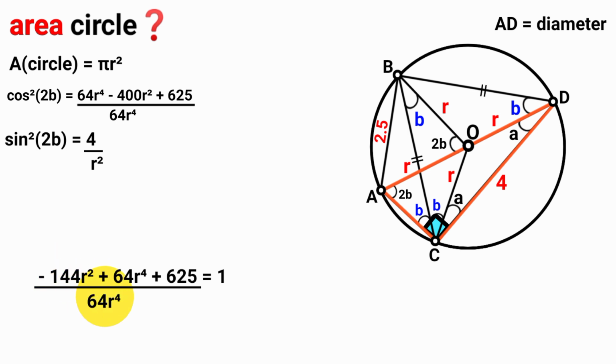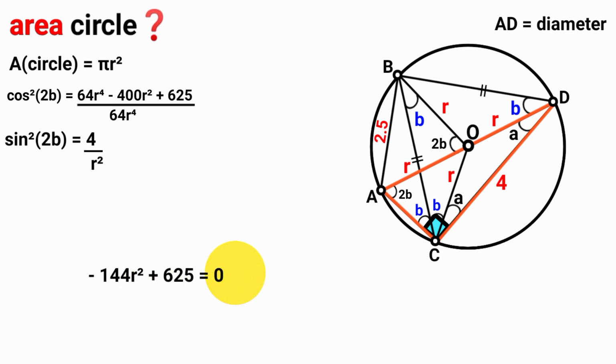This 64r raised to the power 4 will multiply by this one. 1 times 64r raised to the power 4 is 64r raised to the power 4. This 64r raised to the power 4 will cancel this 64r raised to the power 4. Take this 625 to the right. So minus 144r squared equal to minus 625.